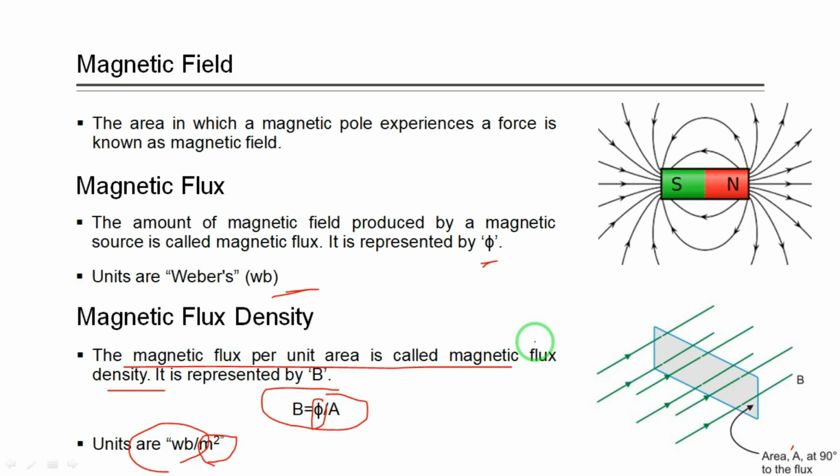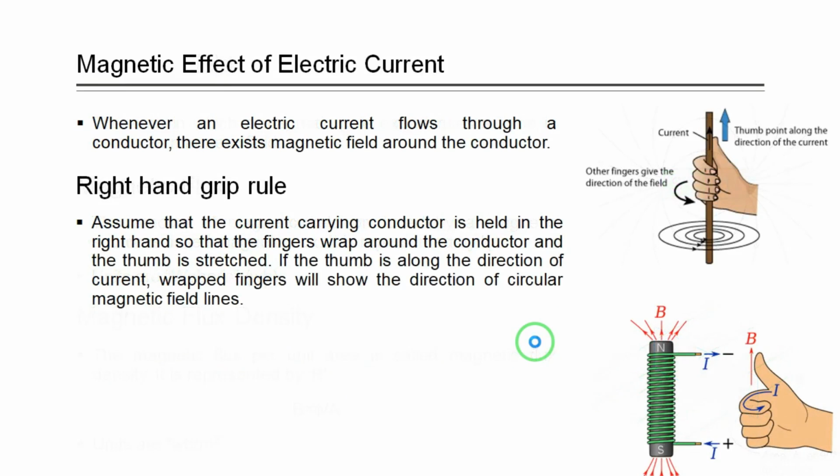So these are also important to the electromechanical energy conversion concepts. One important definition is the magnetic effect of electric current. Whenever an electric current flows through a conductor, there exists a magnetic field around the conductor.